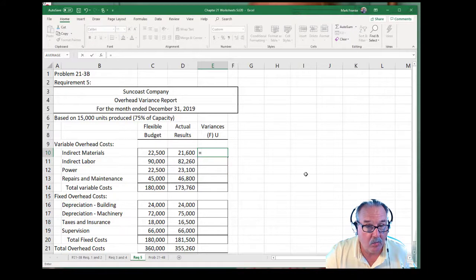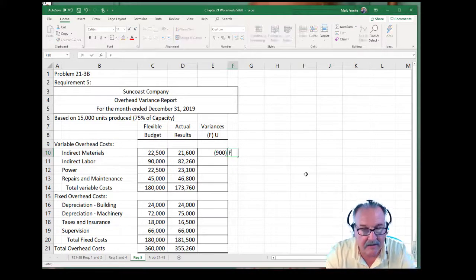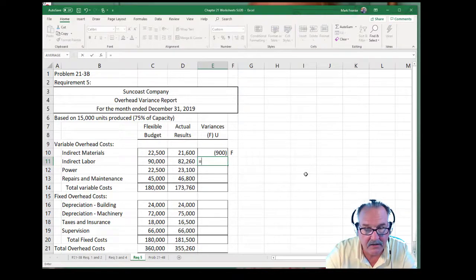What I'm going to do is take actual and subtract the flexible budget, which means that if we're under, if we spent less than what we expected, that's a favorable variance.